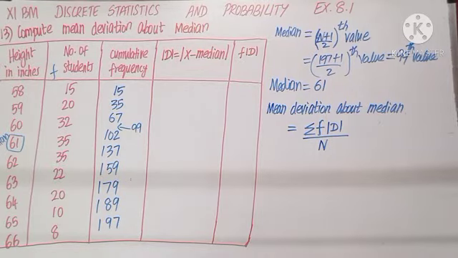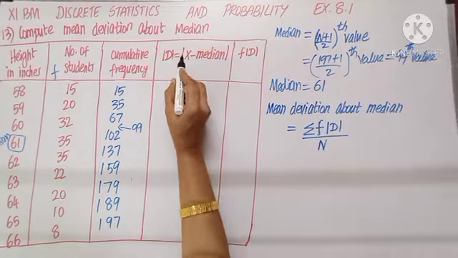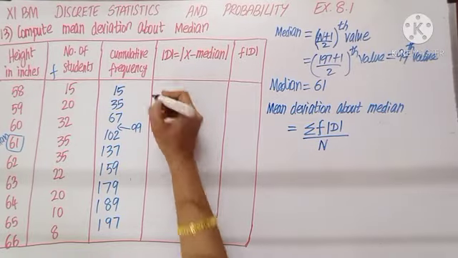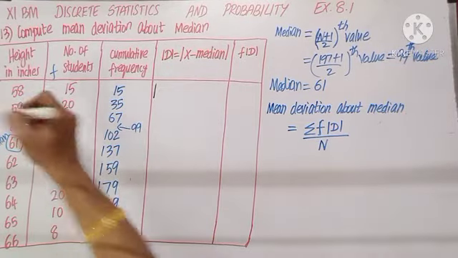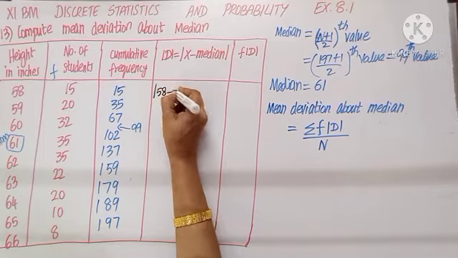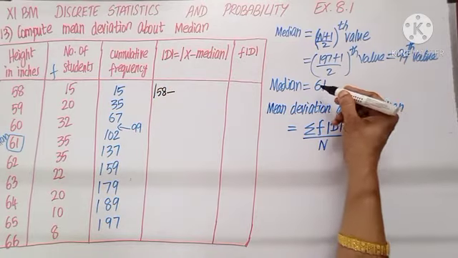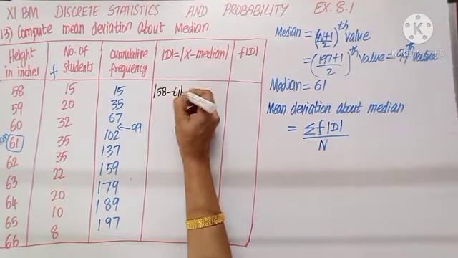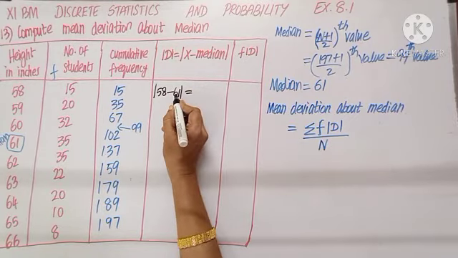Now to find out mean deviation, let us calculate the modulus of X minus median. What is the first value? 58 minus the middle value, that is median, 61. I get minus 3.